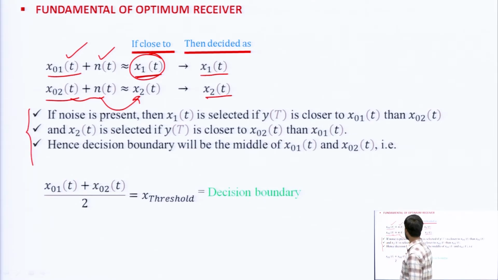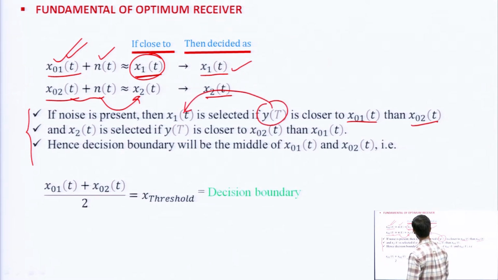If noise is present, then x 1 of t is selected if y of t is close to x naught 1 of t.